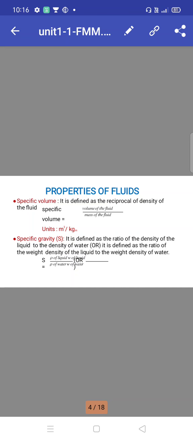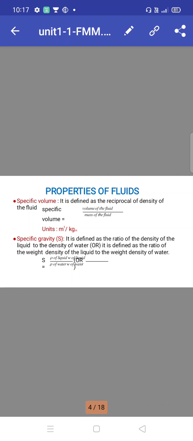Then specific gravity. We can say specific gravity or relative density, specified by S. S is defined as the ratio of density of fluid divided by density of standard substance.